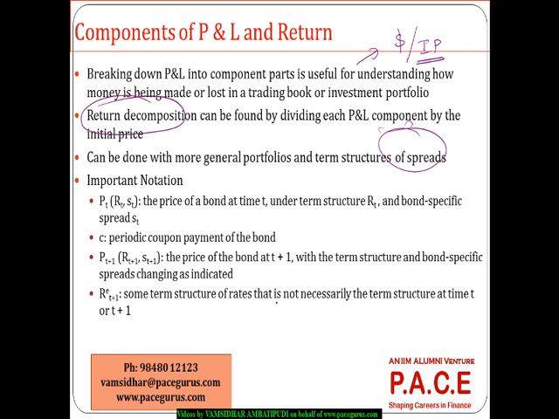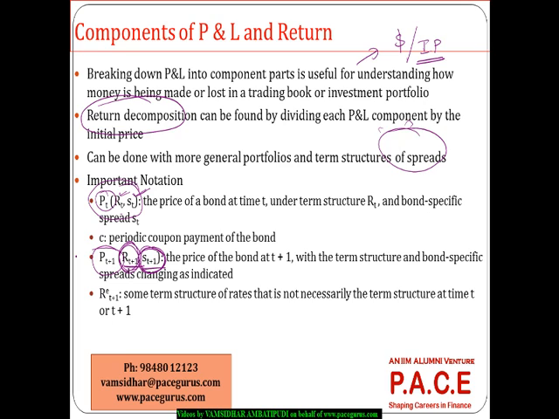Here the focus is on a few things. I am trying to look at the price of the bond given two things: one is the term structure, some term structure RT, and the other is some spread at time T. Based on this, I say that the price of the bond is PT. By the time I move to T plus 1, either my term structure might have changed, or the spread might have changed, or not, whatever it is, but the price has changed.